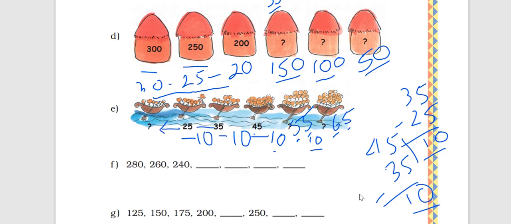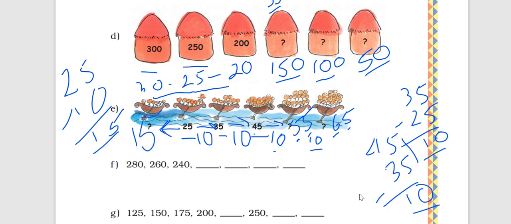Here we went forward: 25 to 35 to 45 to 55 and 65. Over here we have to go back. 25 minus 10: 5 minus 0 is 5 ones, 2 tens minus 1 ten is 1 ten, so we will have 15.